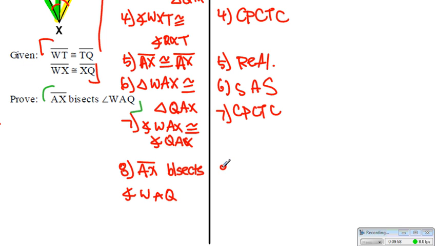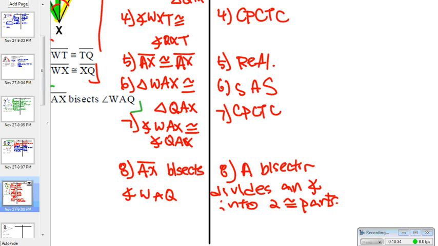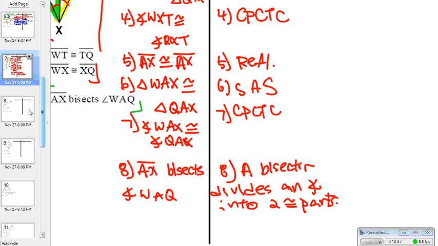The reasoning is that a bisector divides an angle into two congruent parts. All right, so there it goes. Number 7 is done. Let us move on to number 8 now.